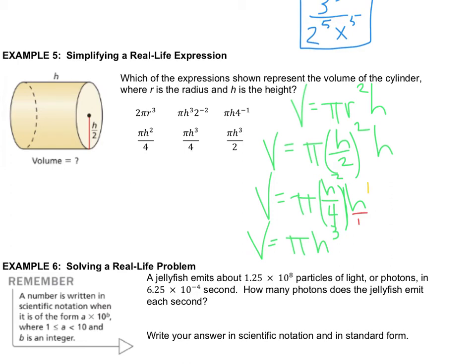So times one more h to the third, and then we're going to be all over 4. So there is our information plugged in. So that would mean there is our answer to find the volume of that cylinder, with h right now being the thing that we have for the variable.